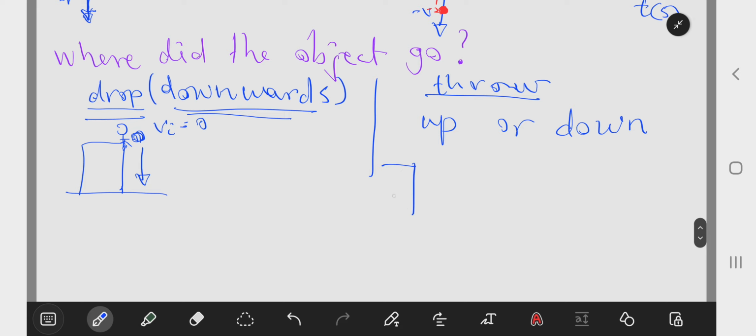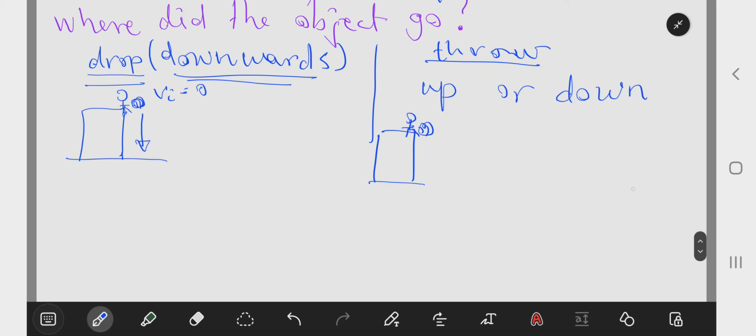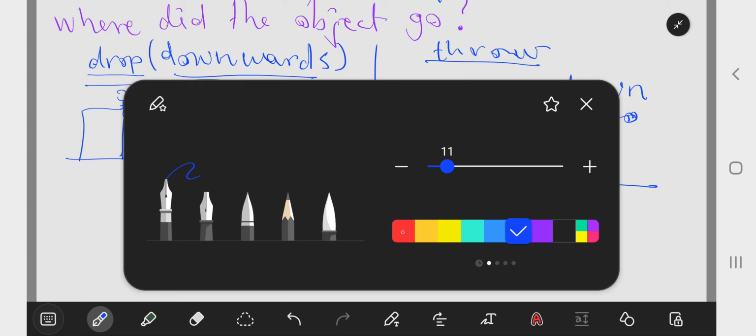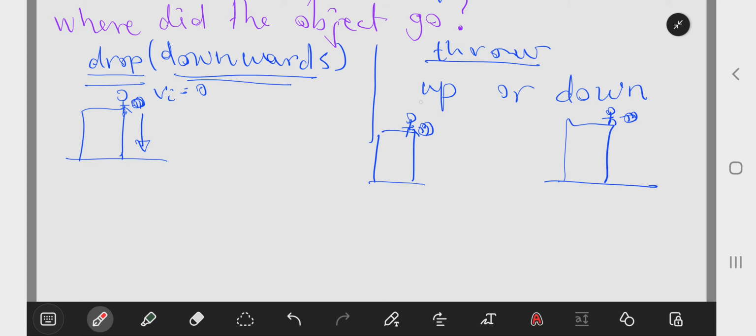So if we can have a similar picture as the one on the left, we have a person on top of this building holding this object, right? And same picture again, we have a person on top of a roof holding a ball. So if this person throws this object upwards, we expect the motion to be like that.